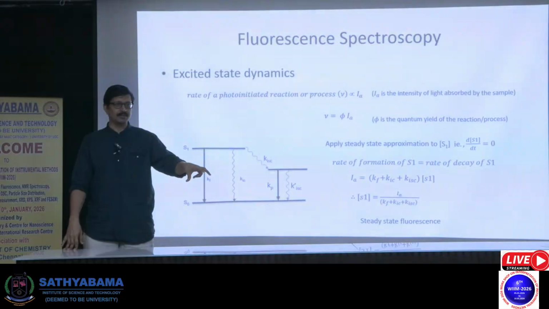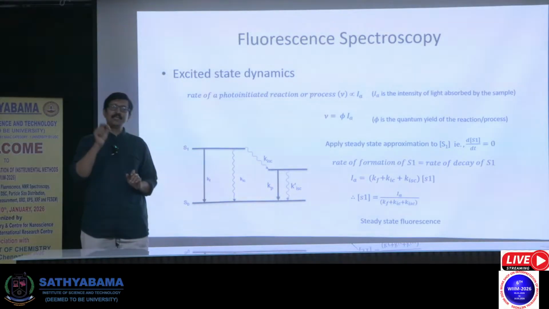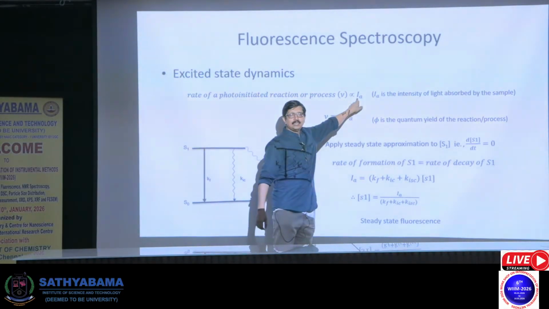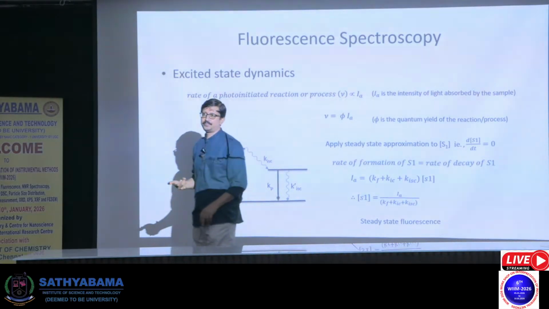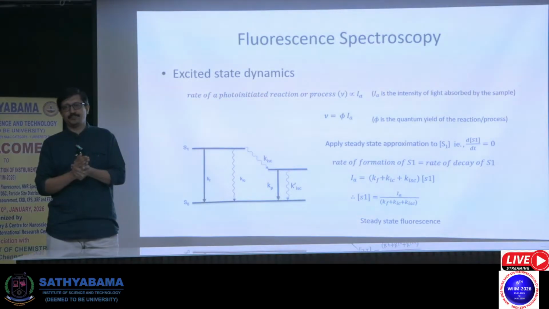Whereas in a normal reaction, it depends on the initial concentration, right? A0 that you are using in the calculation. But in light induced, it is not, because light induced depends upon how much light intensity is absorbed. That is the one that decides the rate.